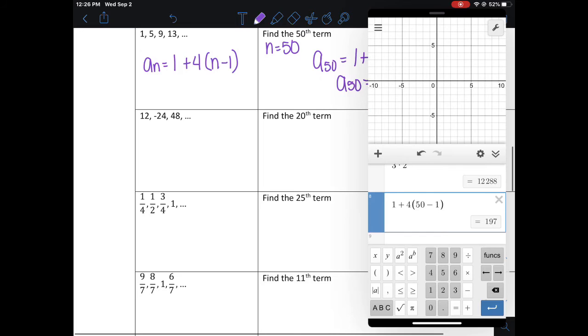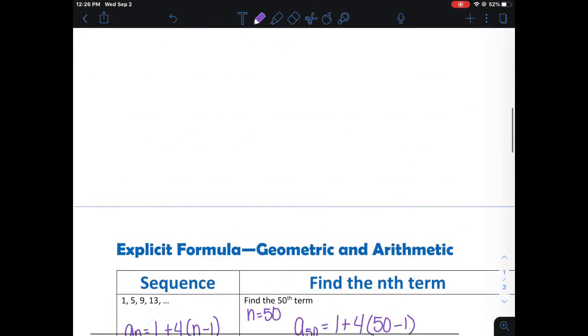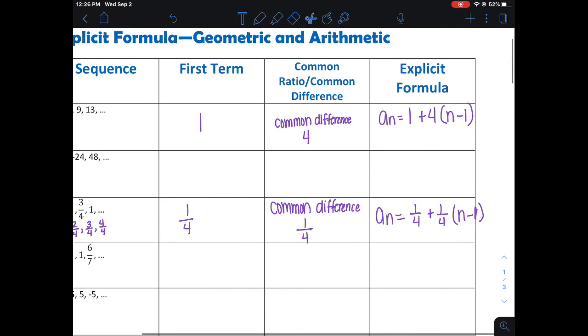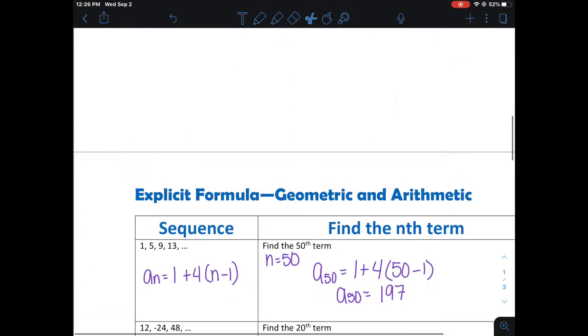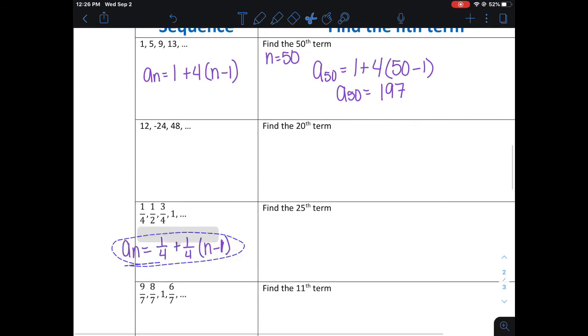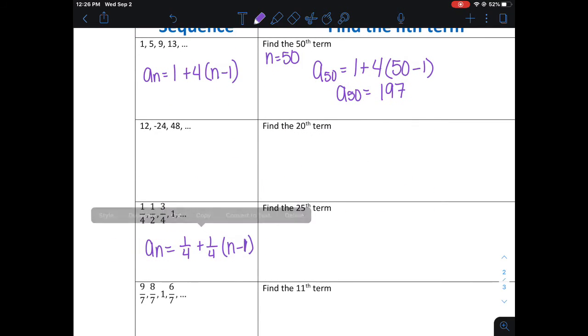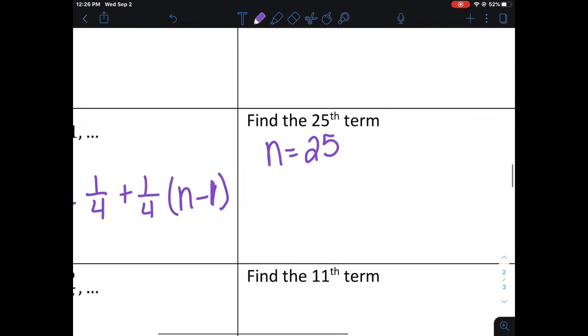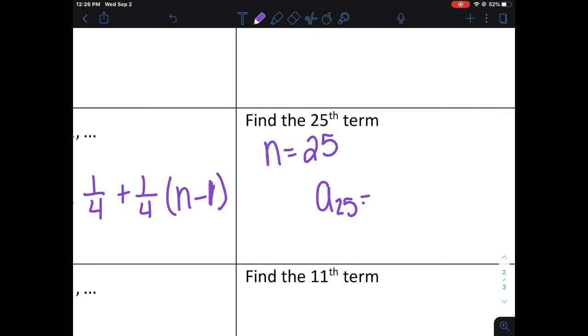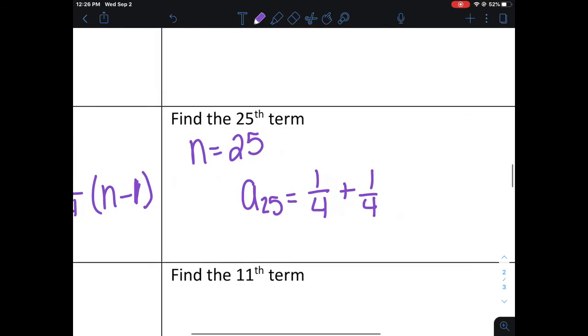And then we did this third one down here. So let's again go grab that formula. Copy. Tap, paste. Okay, we want to find the 25th term. So when n equals 25, we have A sub 25 equals 1/4 plus 1/4 times n minus 1.